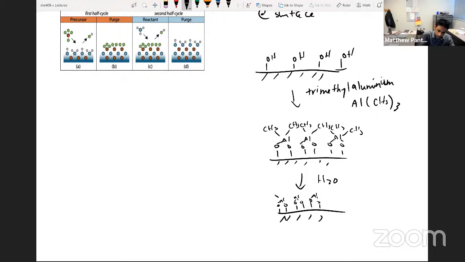And that will turn those CH3 to OH. And you can repeat and repeat and repeat, and you can build up a layer of aluminum oxide, Al2O3.